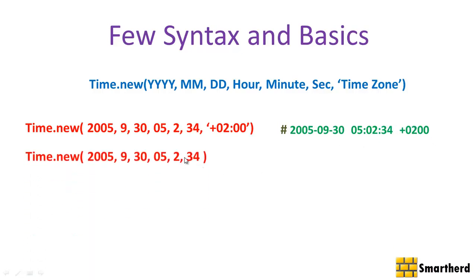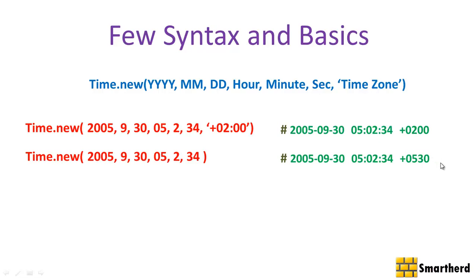Now suppose we don't write this time zone, then what will happen? Suppose we have the parameters till 34, then it is going to create an object with the time zone at which you are presently located.